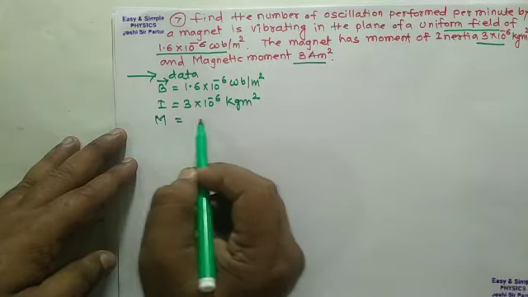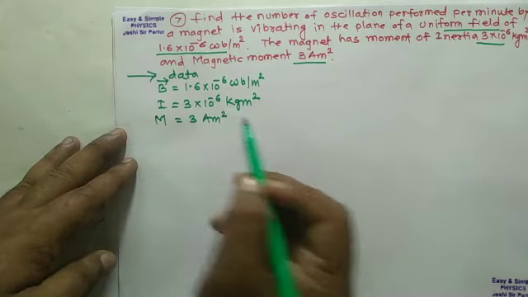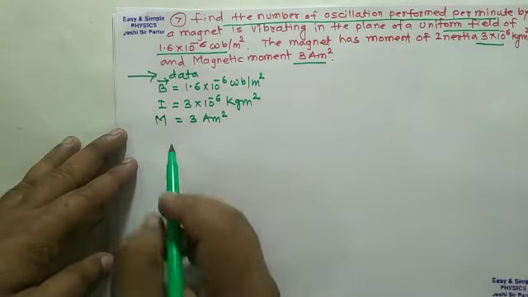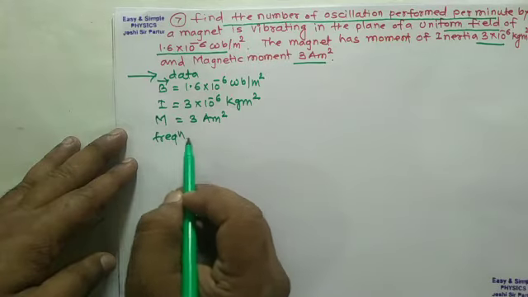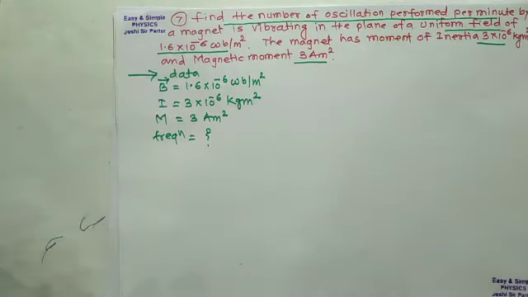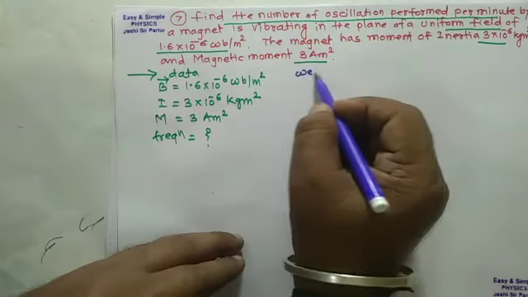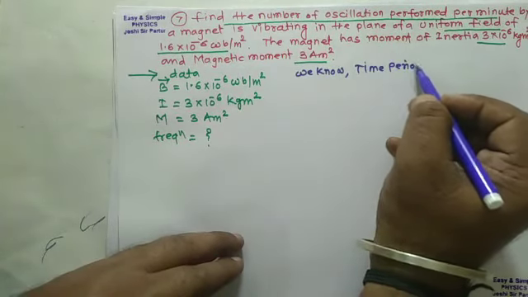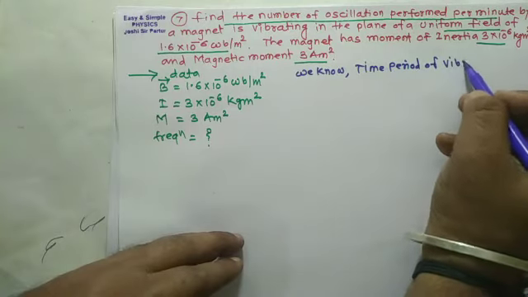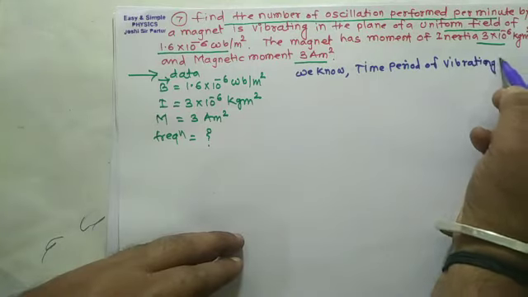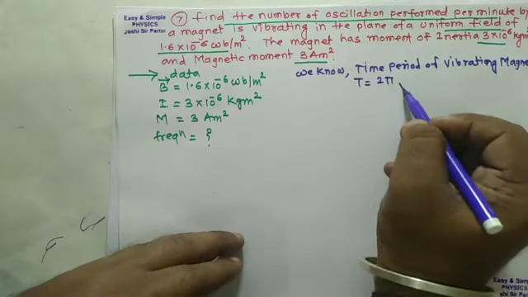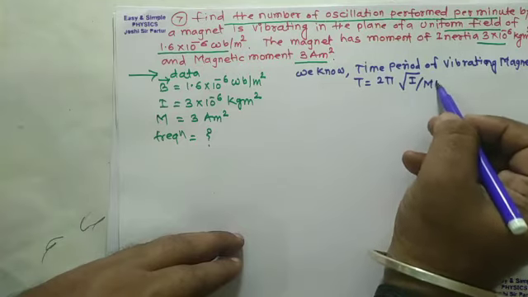Magnetic moment is given as 3 ampere meter square, and we have to find the number of oscillations performed per second, means frequency, question mark. So here we know the time period of a vibrating magnet, capital T equal to 2 pi square root of I upon M vector B.